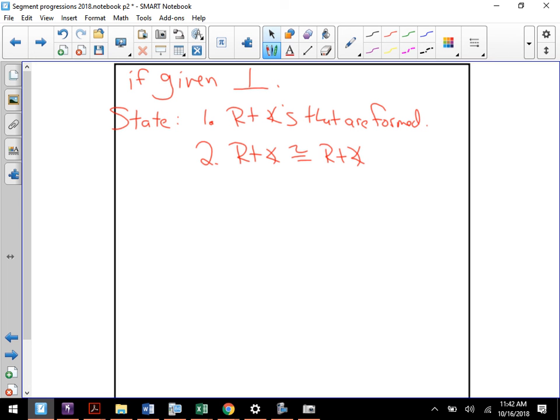So let's say we have A, B, C, we'll call this X. Let's say XB is perpendicular to AC at point B. We'll use this as our example.